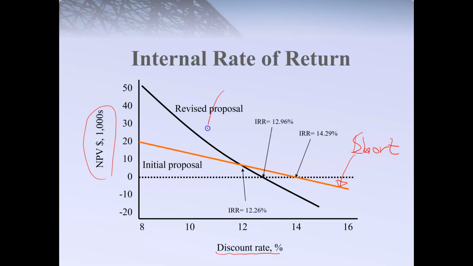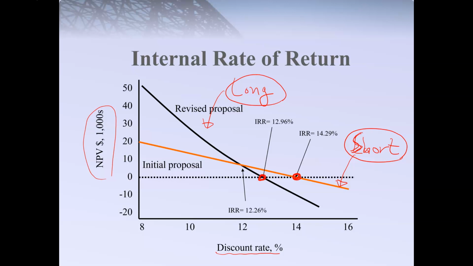And this is the long project. Okay. So when you look at the internal rate of return, which is the discount rate that makes the net present value equal to 0, this is the internal rate of return of the short project. And this is the internal rate of return of the long project, right?